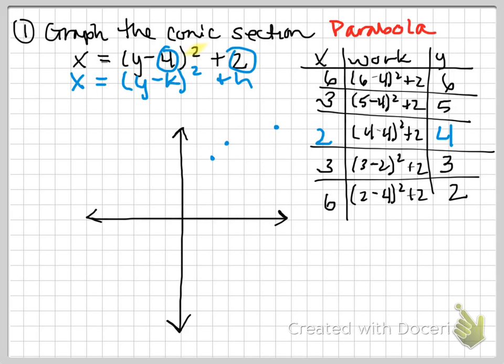And then I should have symmetry. So 3, 3, and 6, 2. Okay, beautiful. It's a parabola opening to the right. Looks something like that. All right, let's do the next one.